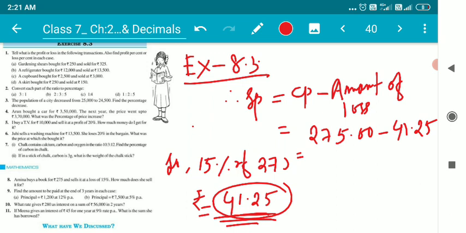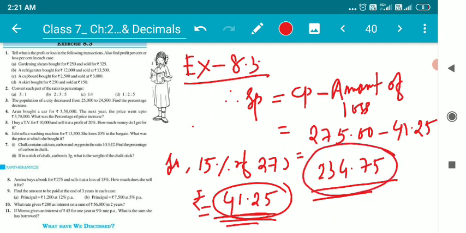Let us have a subtraction of these two values, children. So 275.00 minus this one will be, let us subtract, 234.75, no, it will be 233.75, I'm sorry children. 233.75 rupees is the selling price of that book.